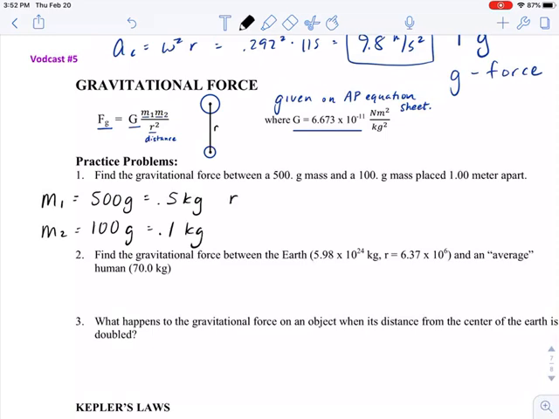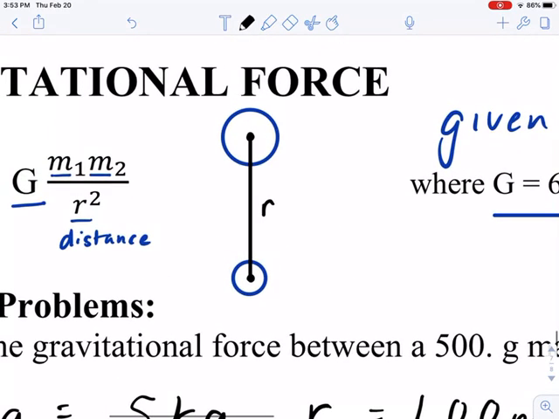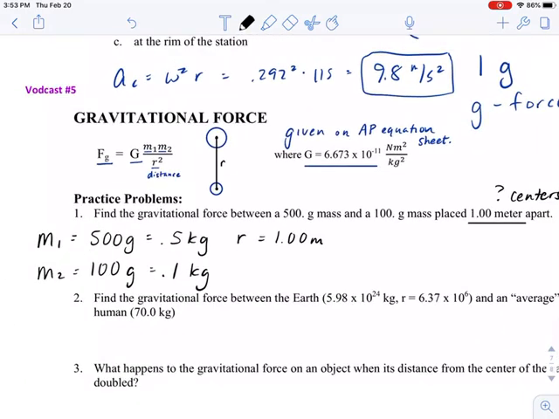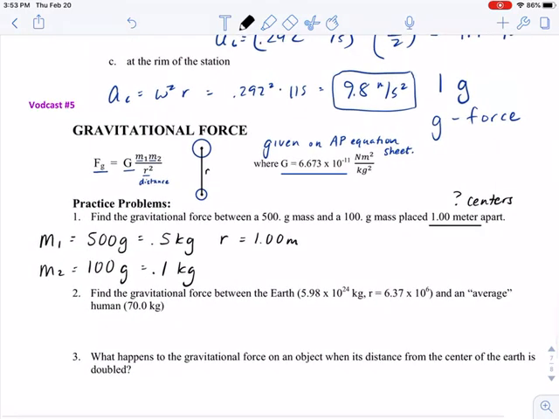And the distance between them is 1 meter. I must assume that this 1 meter is the distance between the centers, as I drew up above. But we're just practicing using the equation in this situation.